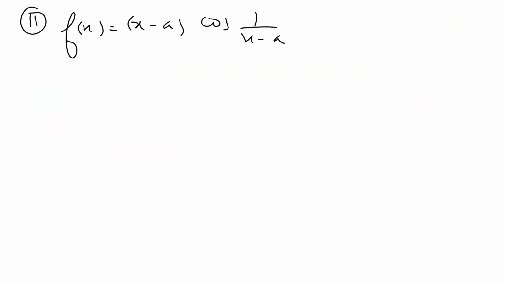Question number 11. F of x is equal to x minus a cos of 1 upon x minus a, and f of x is equal to 0 when x is equal to a. This is not equal to a, this is equal to a.